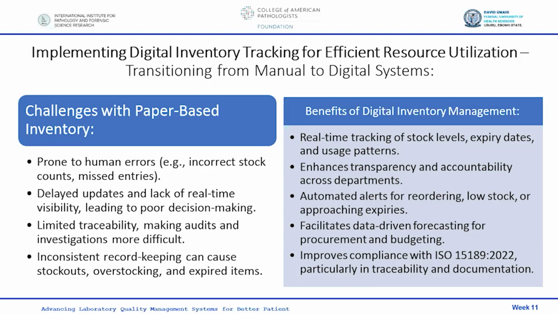But if it is a digital inventory management, you see everything in real time. So paper limits traceability, thereby making audits and investigations more difficult. It can lead to inconsistent record keeping. Remember the human factor. Sometimes people record, sometimes they forget to.